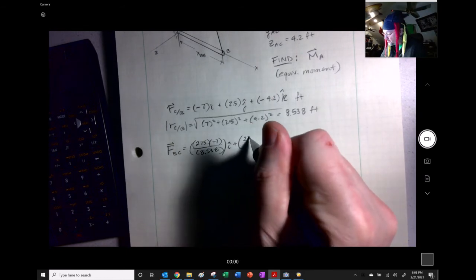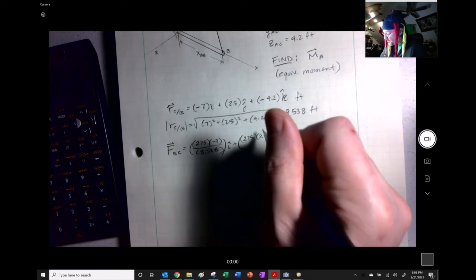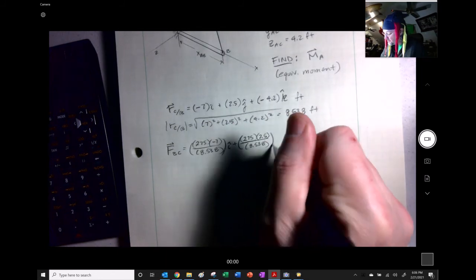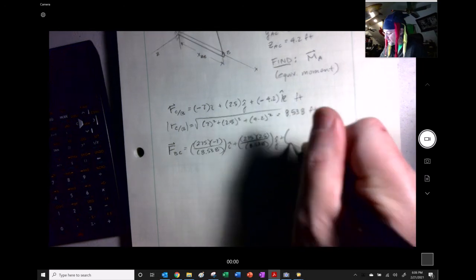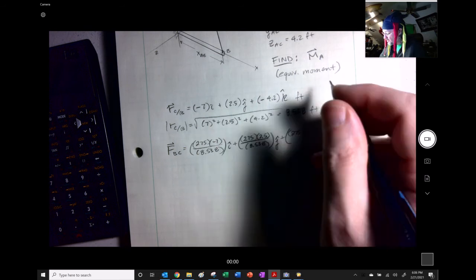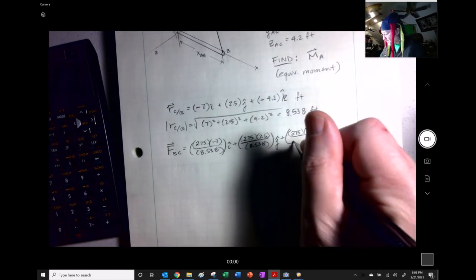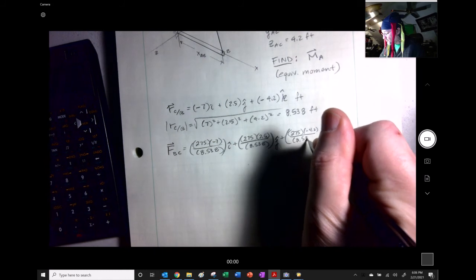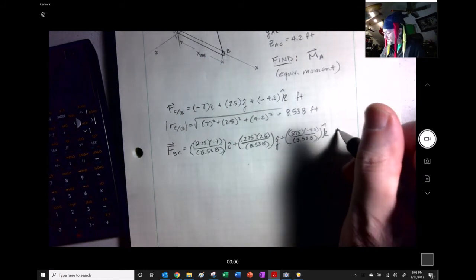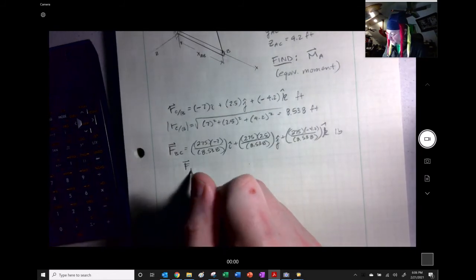The 275 times our 2.5 divided by our 8.538, j, and our 275 and our negative 4.2 divided by our 8.538, k, and these are going to be pounds. So now we've got our force vector.